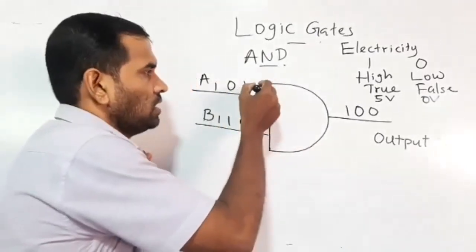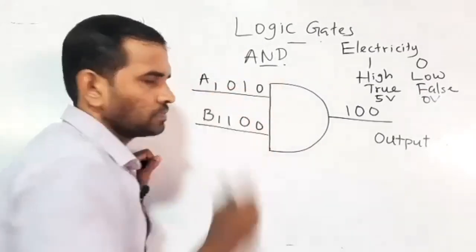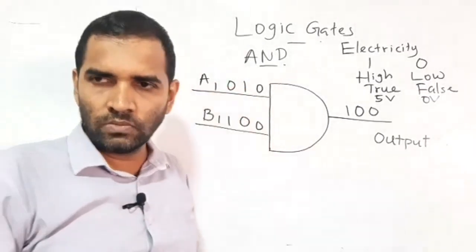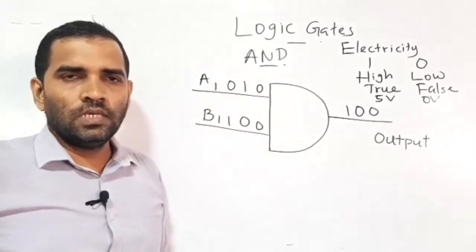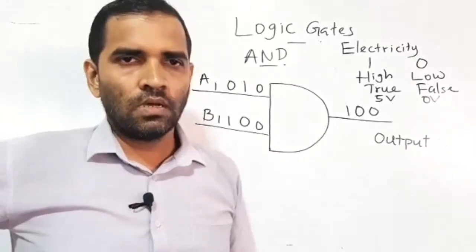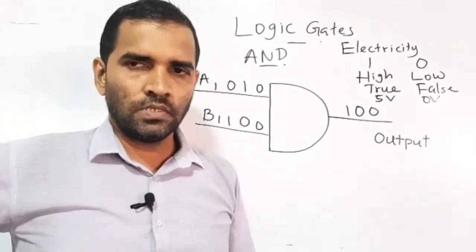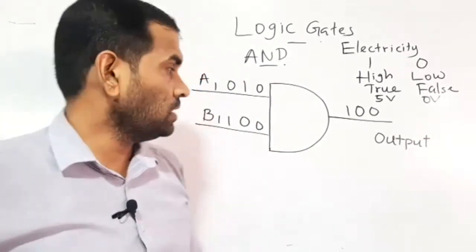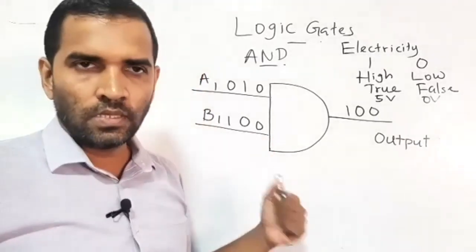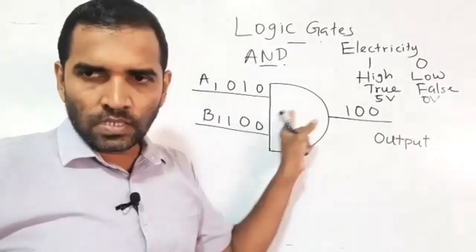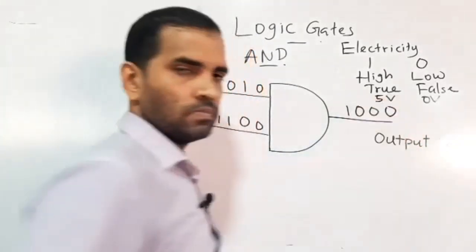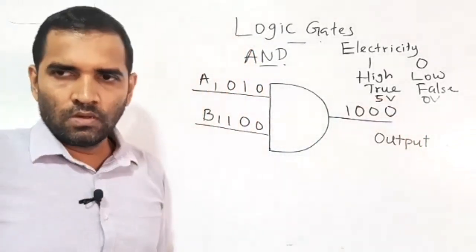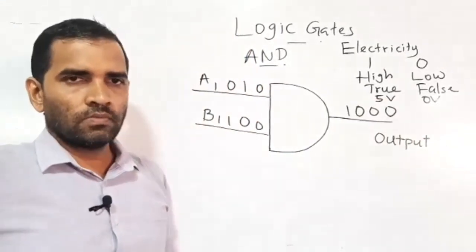The last one would be 0, 0. What's the meaning of 0, 0? Both wires, wire A and wire B, do not have electricity. As a result of this function, here also no electricity.